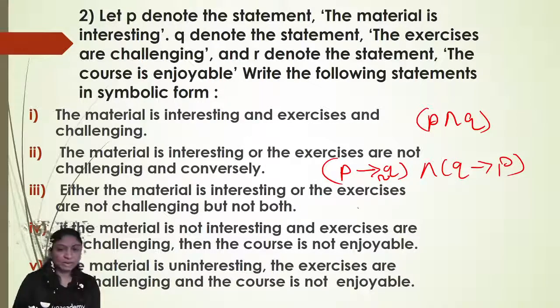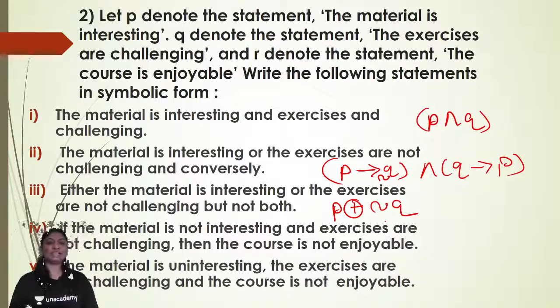So we will write here P exclusive or negation of Q. Either the material is interesting or the exercises are not challenging, there is no vice versa. P exclusive or negation of Q.